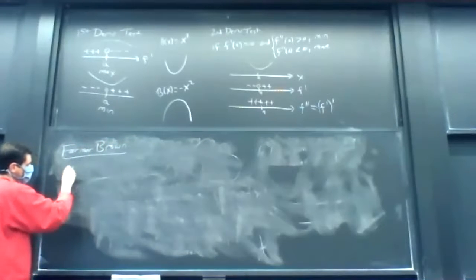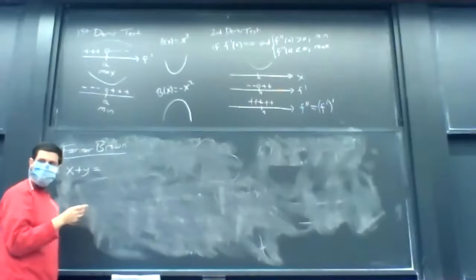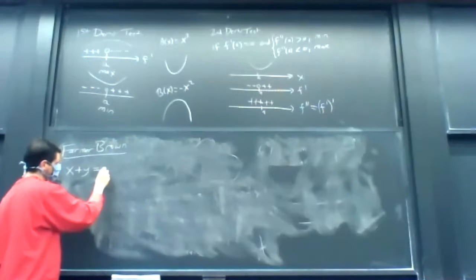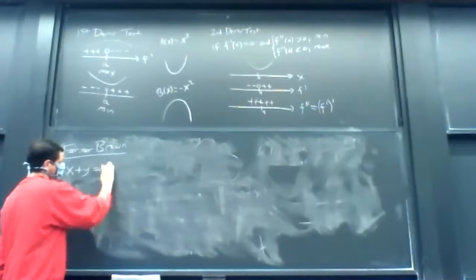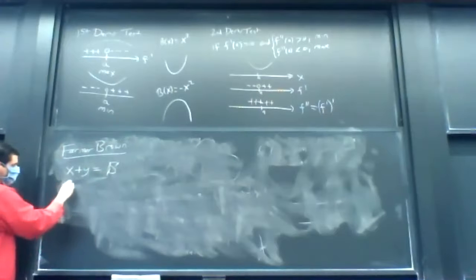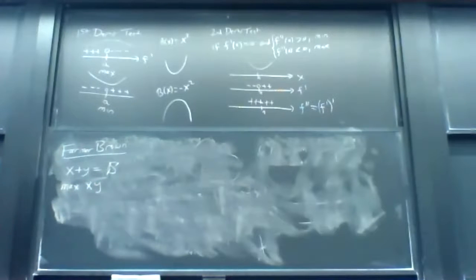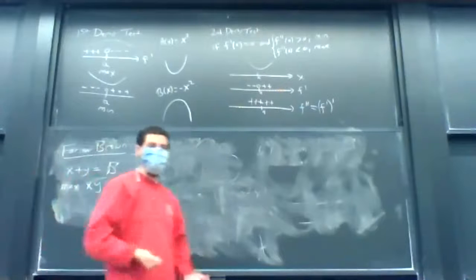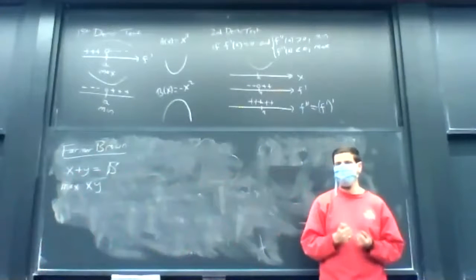So we have x plus y is some fixed quantity. I'll do s for semi-perimeter. And you want to maximize x times y, which is the area. So this really does look like a multivariable calculus problem. We have two things to play with.